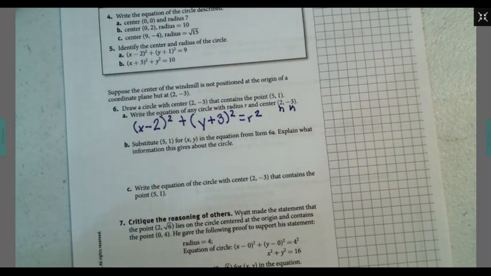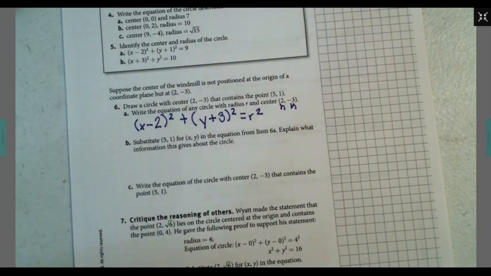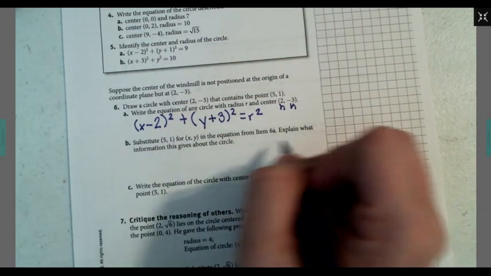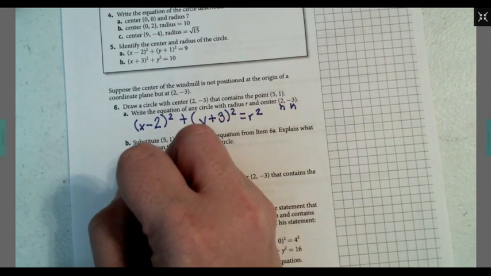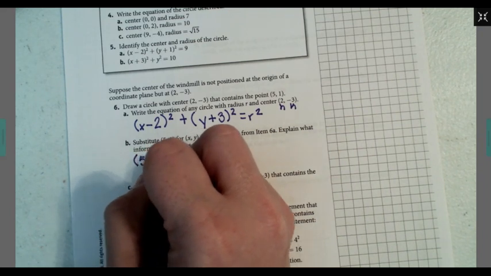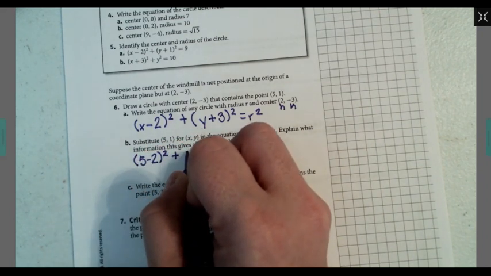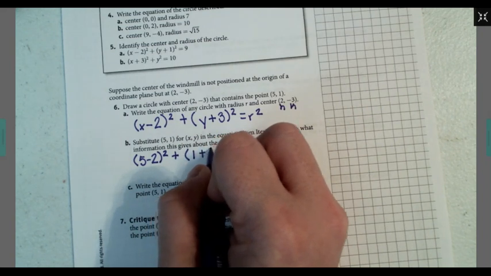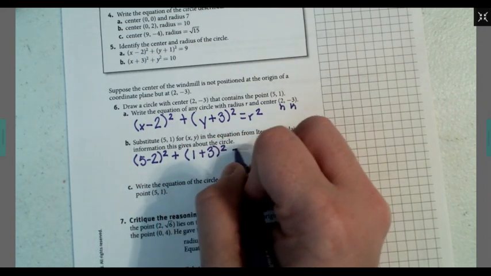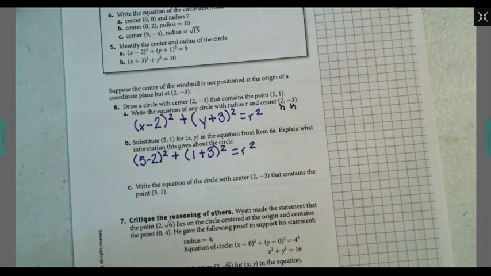Substitute 5, 1 for x and y in the equation from item 6a and explain what information this gives you about the circle. So we're going to plug in (5 minus 2) squared plus (1 plus 3) squared equals r squared. What does this tell me about my circle? Well, I know that 5, 1 is on the circle, right?